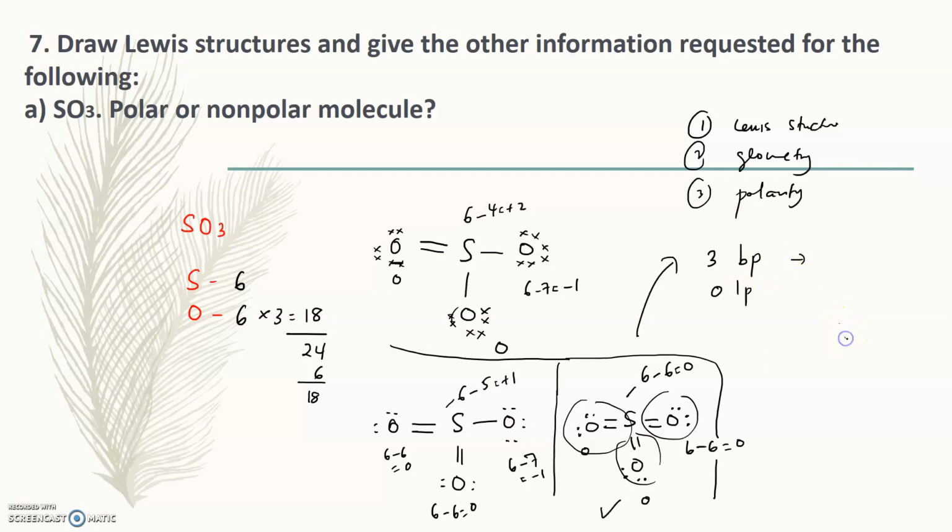Okay, trigonal planar. So when we draw based on VSEPR theory, you must draw based on geometry trigonal planar. Okay, and then to know the polarity, you look at the dipole moment, either can cancel or cannot cancel each other. So when you look between sulfur and oxygen, which one is the electronegative atom?